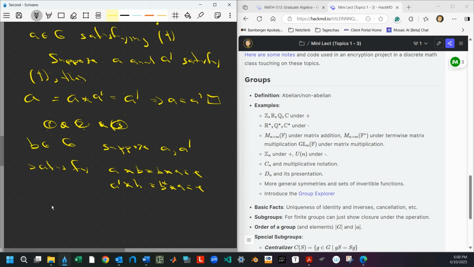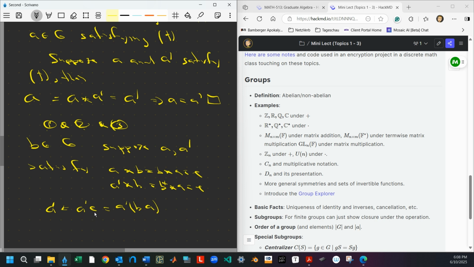So then what I would get is this. I would have A prime equals A prime times E, which is equal to A prime times B times A because of this.